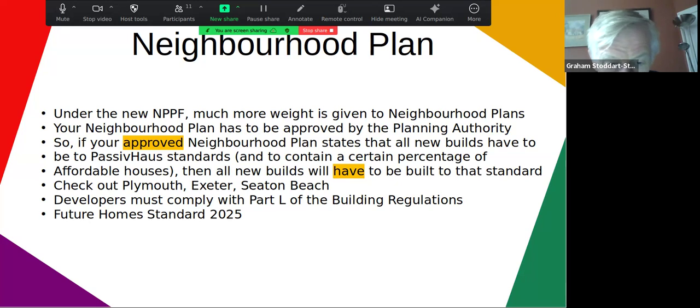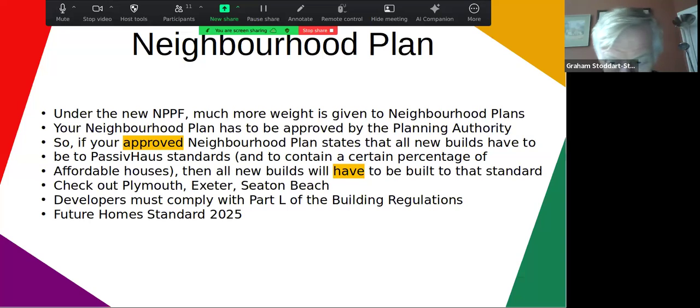So when you're redesigning your neighborhood plan, it has to fall in line with your local planning authority or with the local plan. But once it's been approved, then the new law requires that the overall planning authority, your council, your county council, or your unitary authority, has to pay heed to what your neighborhood plan says.